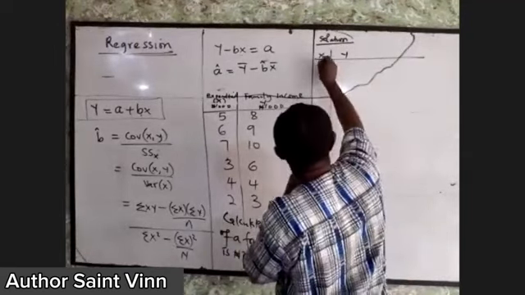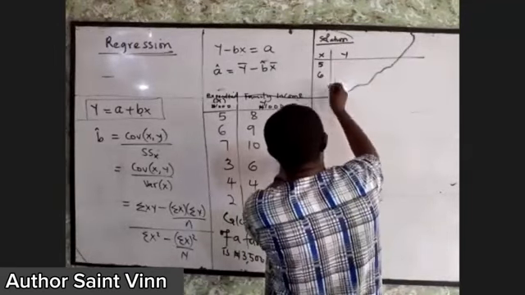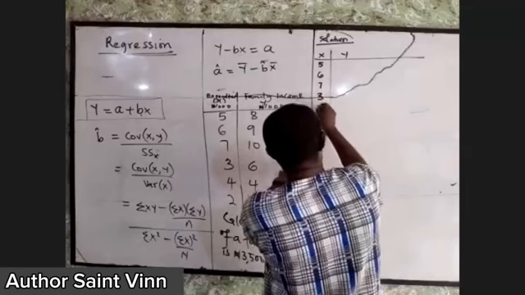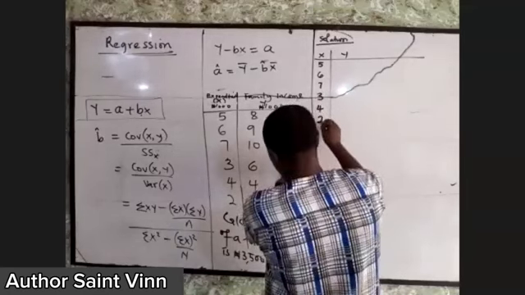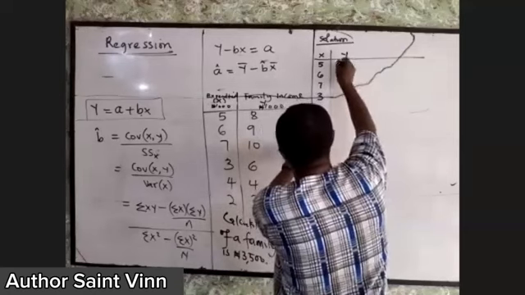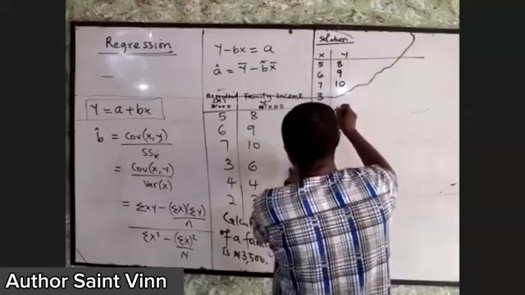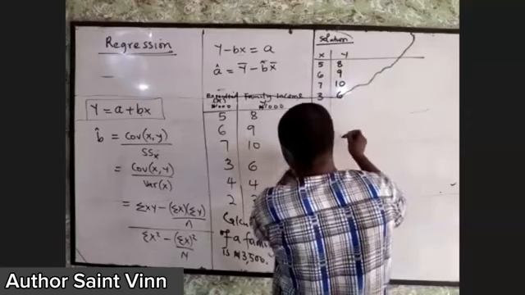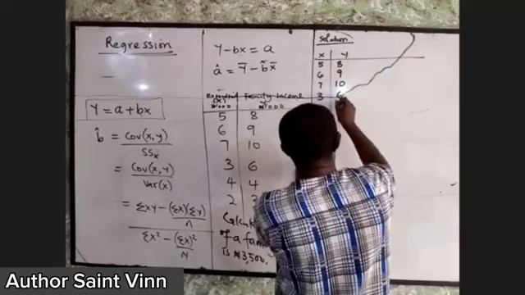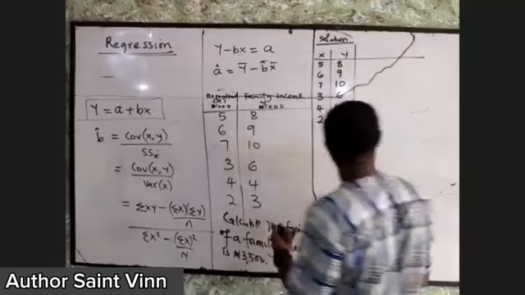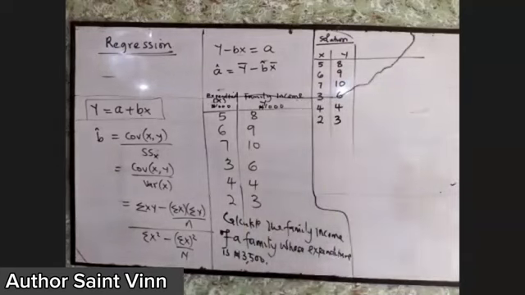There is 5, 6, 7, 3, 4, then 2. We have 8, 9, 10, 6. All these things we are doing is what we use to do research about things like this. Family income, we have seen the expenditure, we'll be able to predict what will happen.